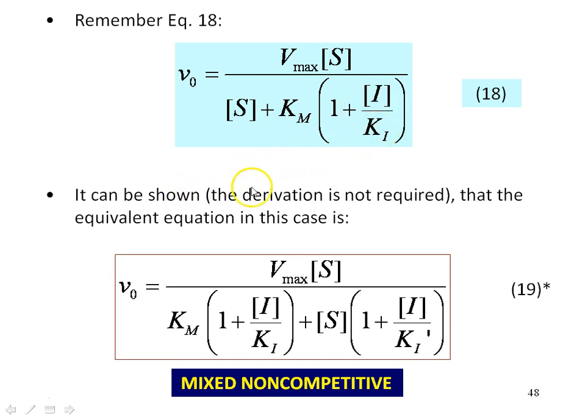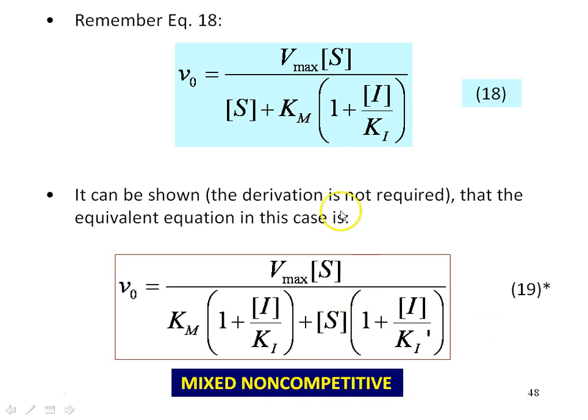I am not going to derive the similar result for mixed non-competitive, but we give you the final result, in this form: the velocity of the enzyme catalyzed reaction is equal to Vmax multiplied by the substrate concentration, over the apparent Km and the substrate concentration multiplied by another alpha. We will call it alpha prime because the Ki here is prime. So it's called the apparent substrate concentration, if you like.